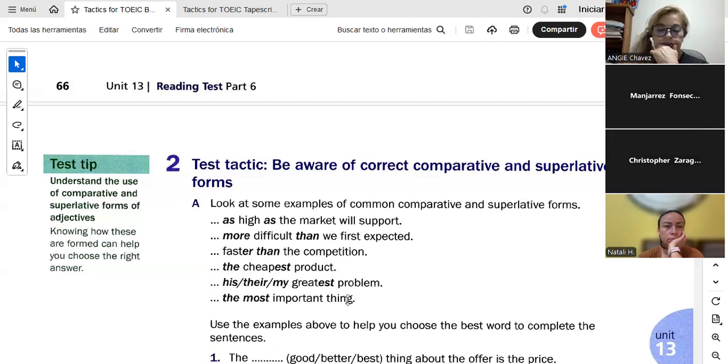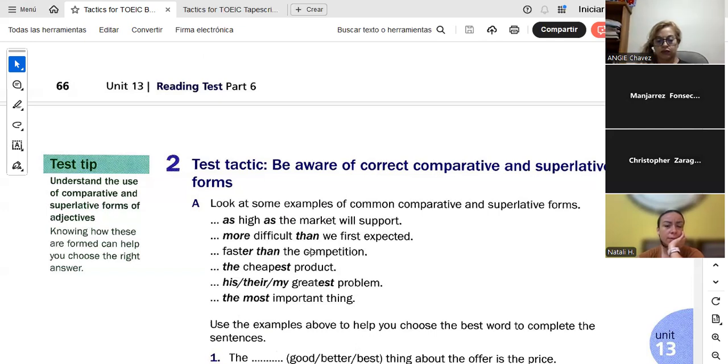Thank you, Natalie. Hope that is true. Okay, these are very basic forms, but sometimes as we are very nervous or anxious because of the time, as we have already mentioned before, we tend to forget it. So just be aware of that, no?